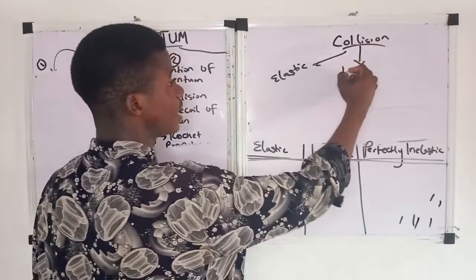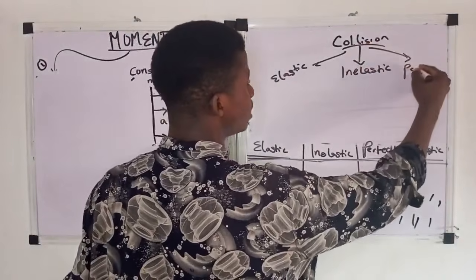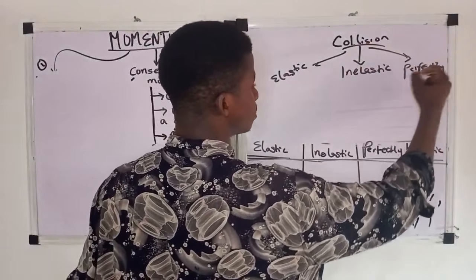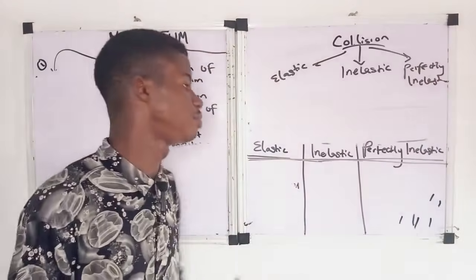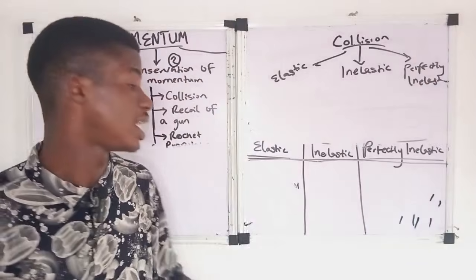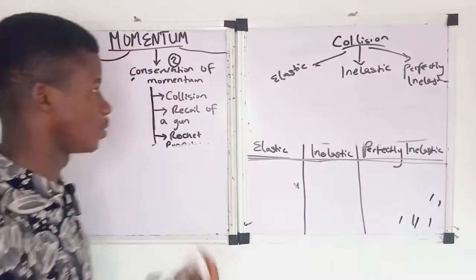Two, inelastic collision. Then three, perfectly inelastic collision. So what are the differences between elastic collision, inelastic collision, and perfectly inelastic collision?